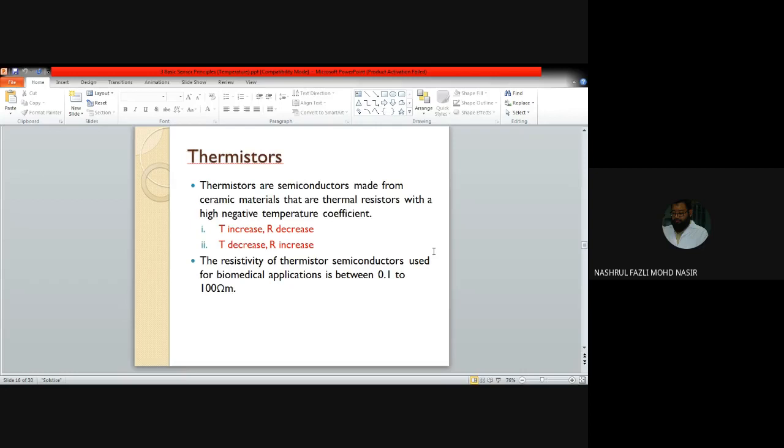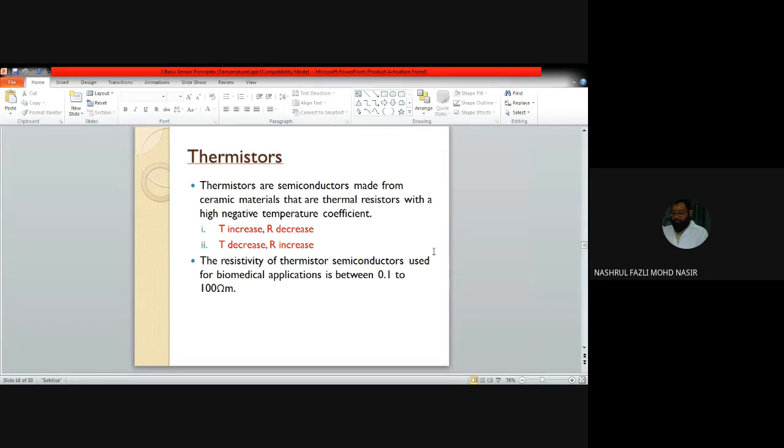Now we go to another type of sensor, which is thermistors. It is a semiconductor made from certain materials. It is a thermal resistor with a high negative temperature coefficient. The principle here is that when the temperature increases, the resistance decreases.